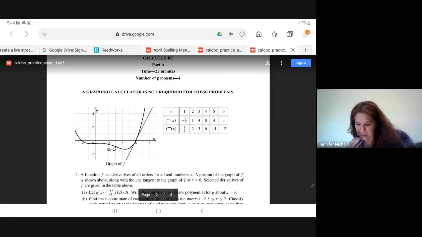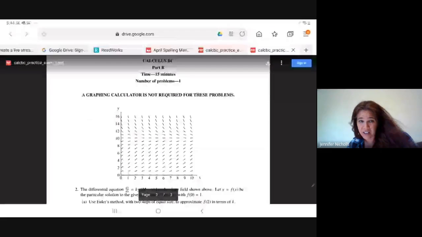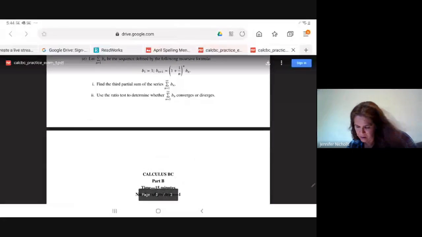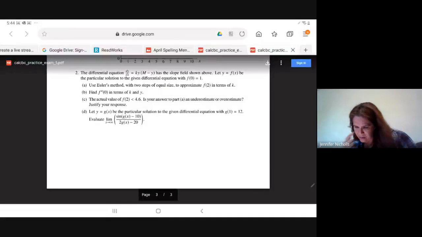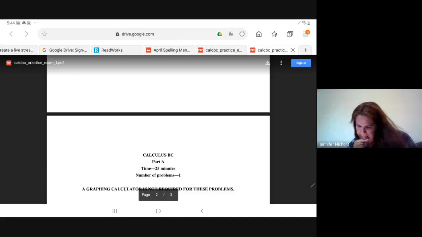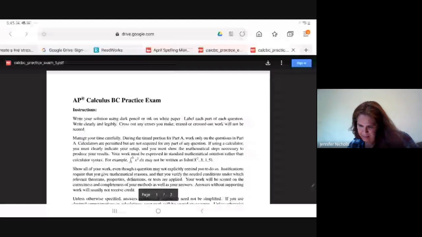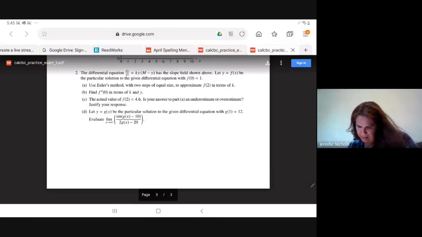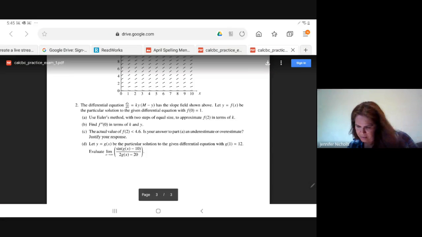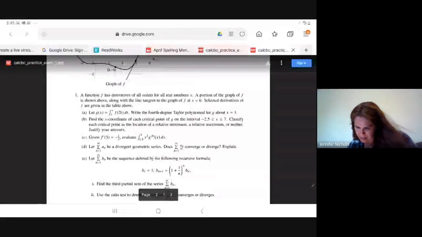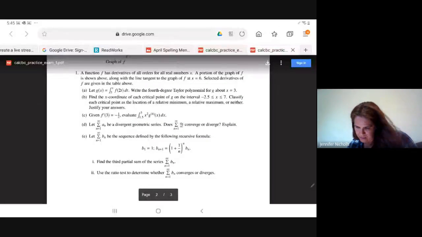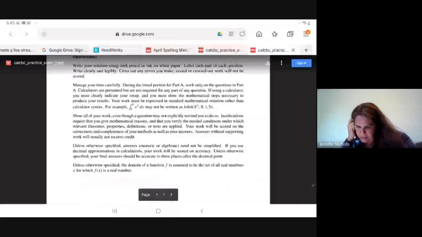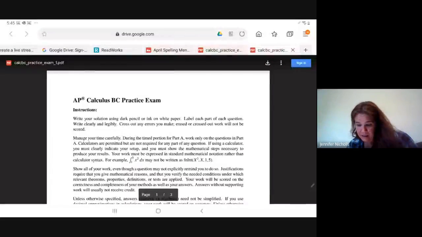Oh, look. Wow, this is cool. Now, you guys, this looks like College Board. Is it written as College Board? The type style looks like College Board. That's so interesting. This is almost exactly what I was thinking was going to be on the test. It says, look, right there, AP Calc.